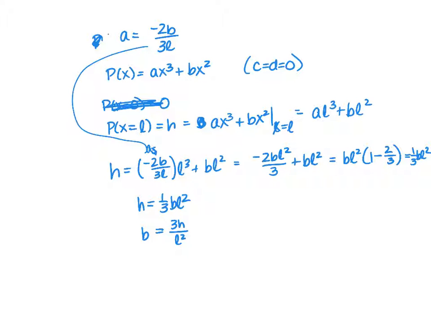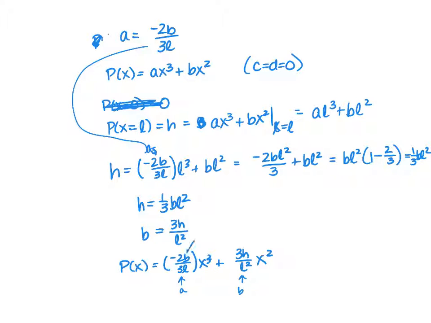So now, where I am right now is I have p of x is equal to minus 2b over 3L times x cubed plus b times x squared. Remember, this is what I found a was, and this is what I found b was.